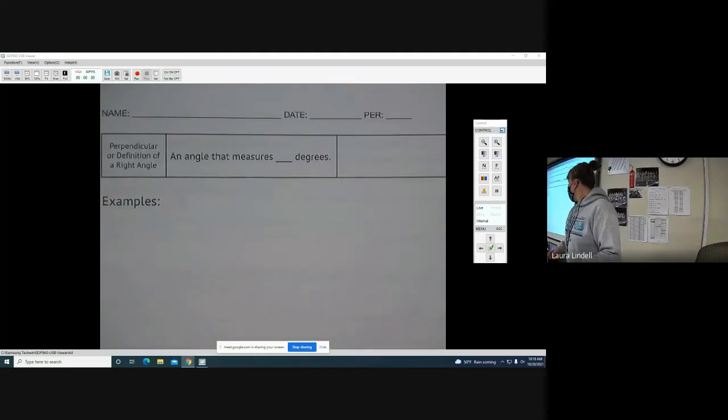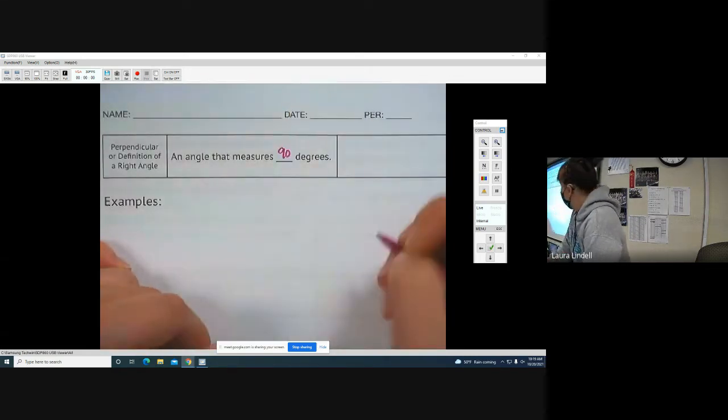We talked a bit about perpendicular yesterday, right? We talked about perpendicular bisectors specifically. So perpendicular or definition of a right angle are other things that you'll see here. It's any angle that measures 90 degrees.